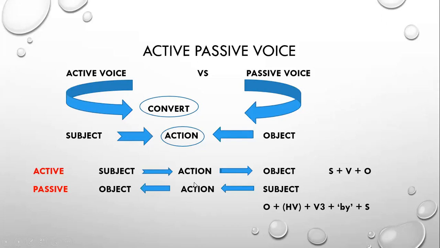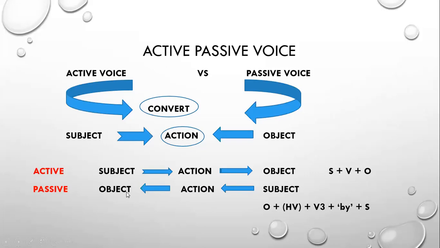The meaning of both sentences will be the same, but here importance is given to the object or to the action, the work on which an action has been done and the action itself. When we want to give importance to these two things, then we write in passive voice, and you can see this phenomenon gets reversed.